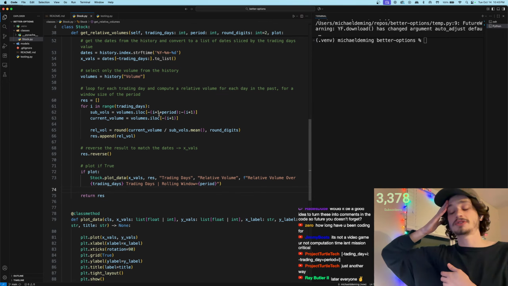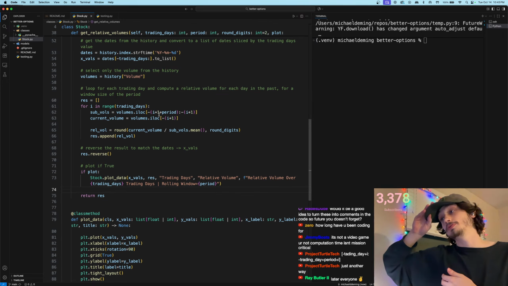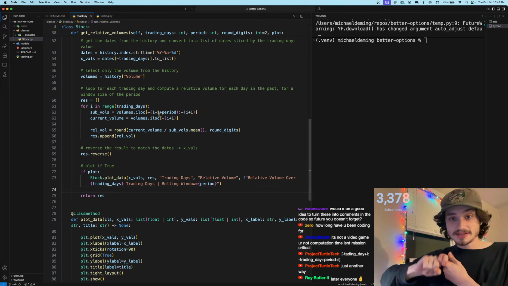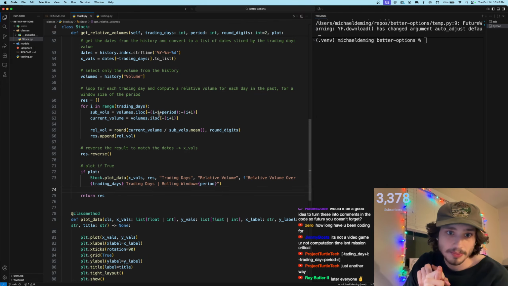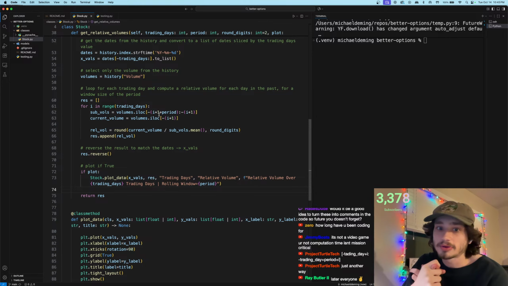Then what we can do is compare that to other indicators like price to determine, okay, relative volume is picking up, price is also picking up, so this could be a breakout.